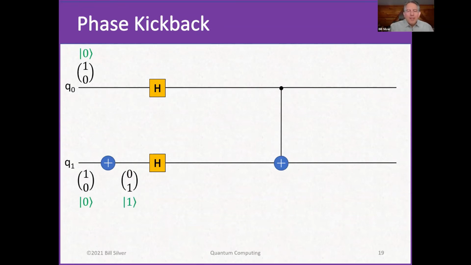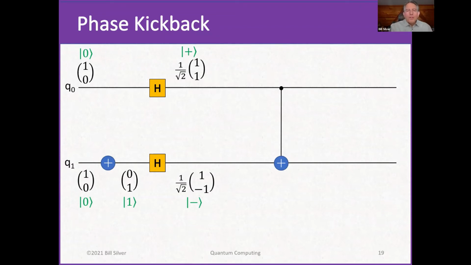The Hadamard gates turn the top one into the plus state, basically that equal superposition state, and they turn the bottom one into the equal superposition but phase shifted, that minus state. And now we're about to send them to, these are now still independent, not entangled.